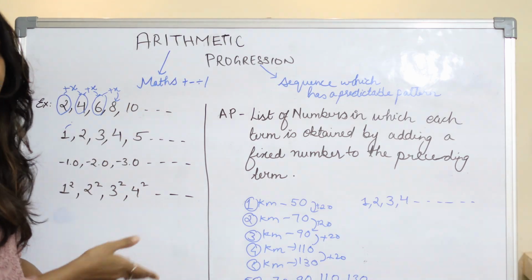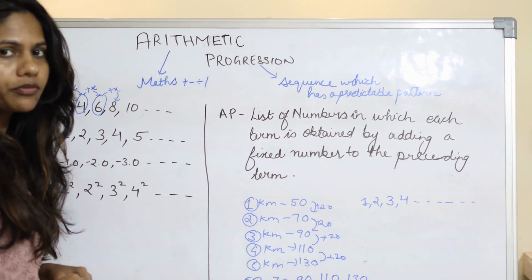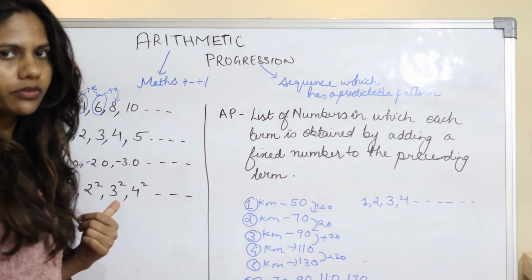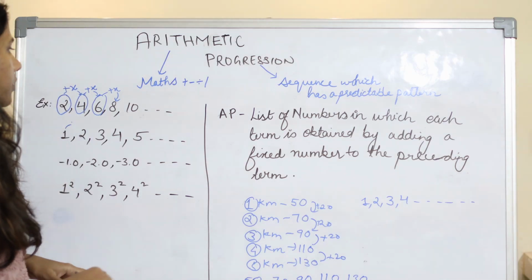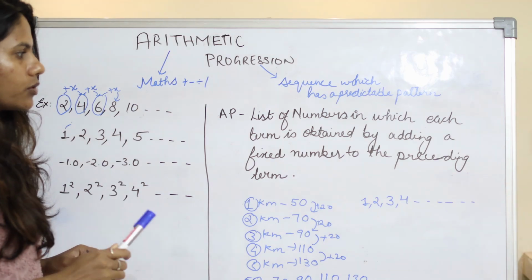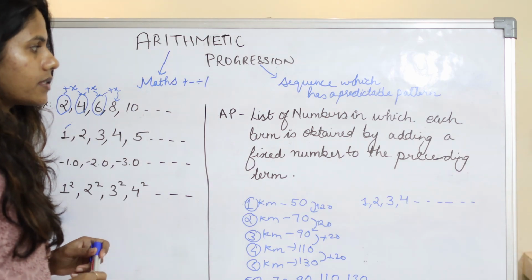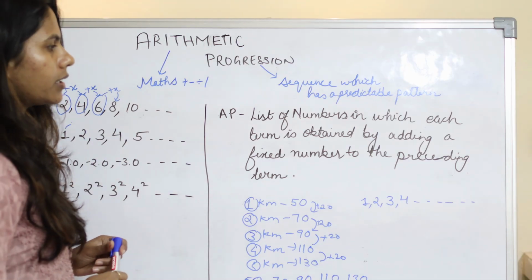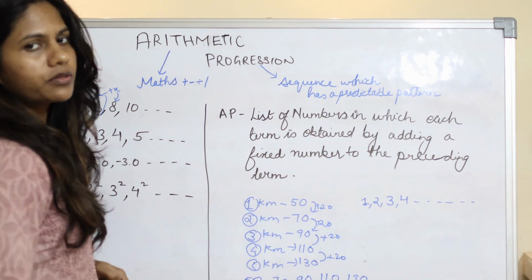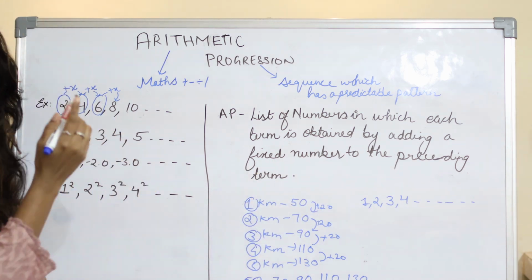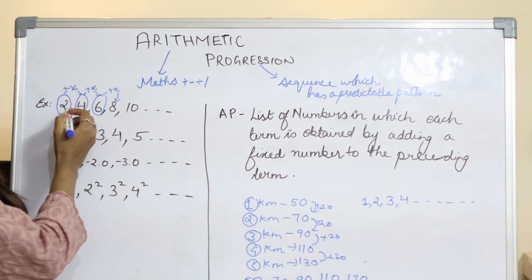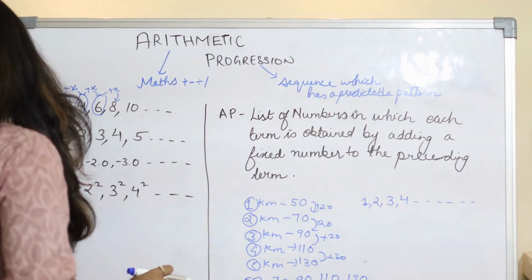So I now have these 4 series. Let's try to find out which of them are actually AP and which are not. The first one is 2, 4, 6, 8, 10. As I told you, for a sequence to be in AP, it should increase by a fixed number. So let's calculate the difference between all the consecutive terms.